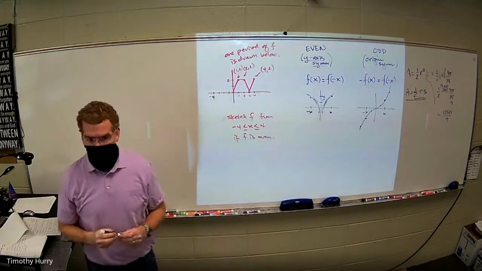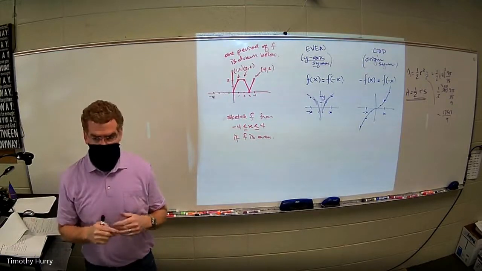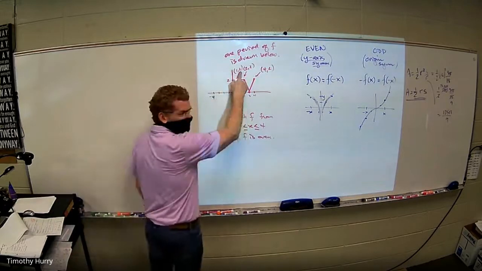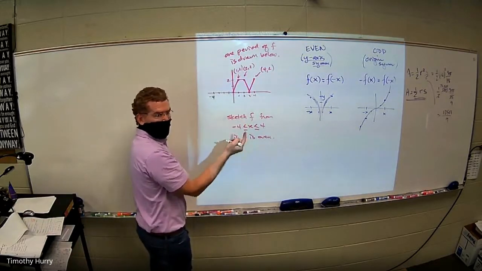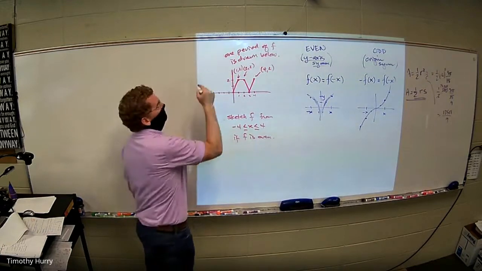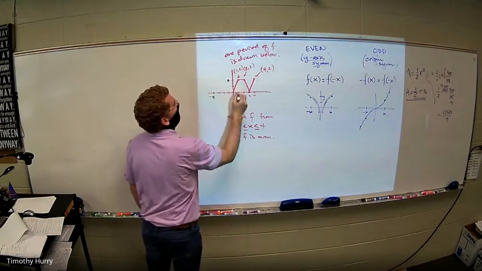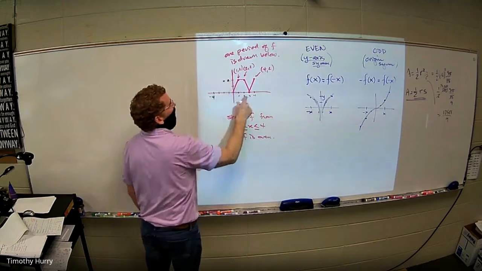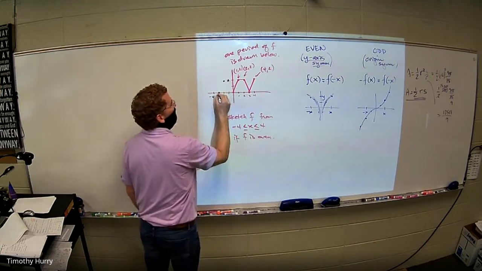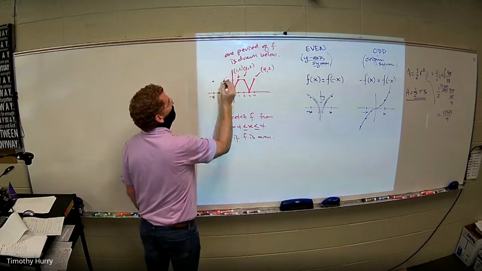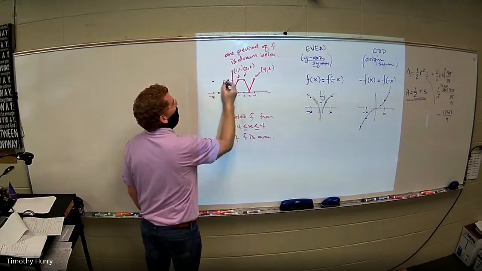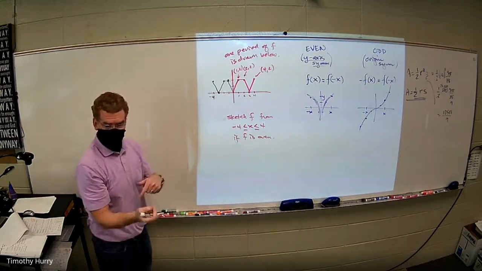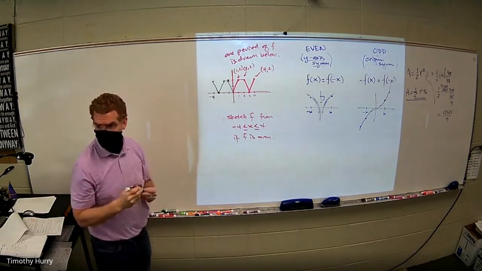Reflect it over the y-axis. Opposite x's, same y's. So if that point is 1, 2, then I should also have -1, 2. I should also have -2, 2. I should also have -3, 0, and -4, 2. And then if I just connected it, you would see that mirror image. Opposite x's, same y, right?